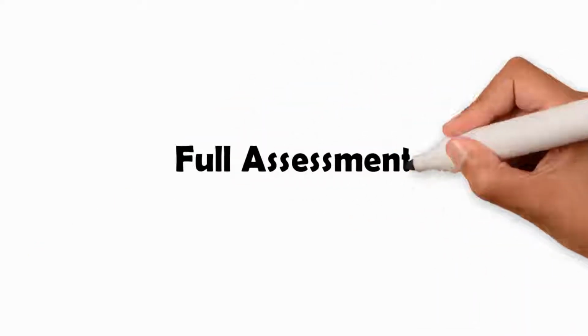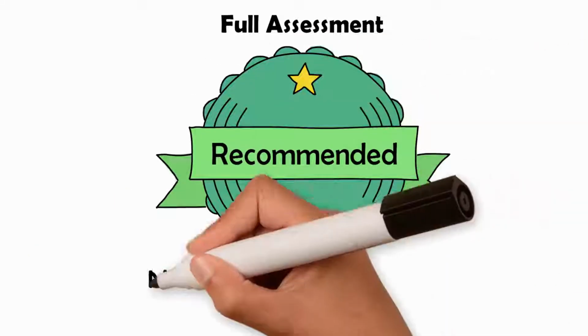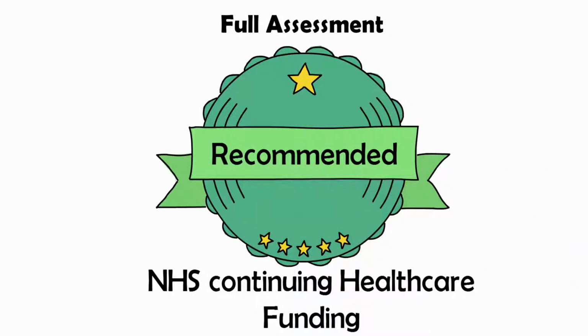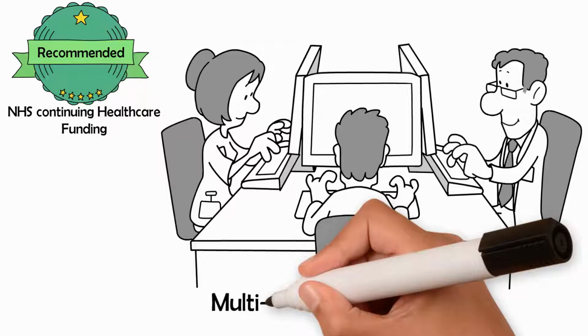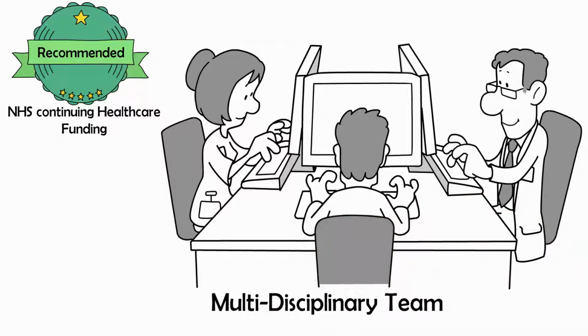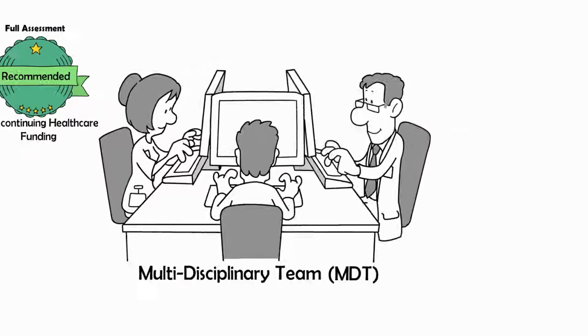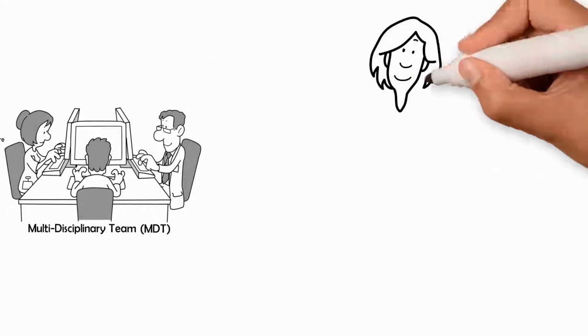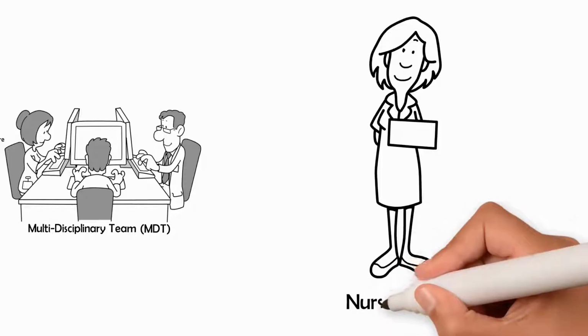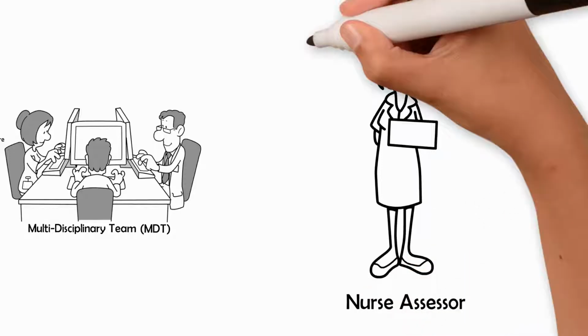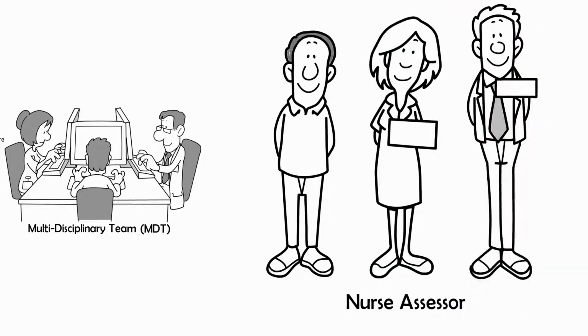The full assessment determines whether you are recommended for NHS continuing healthcare funding. It must be carried out by an appropriately qualified multidisciplinary team, or MDT, using the Decision Support Tool, or DST. The multidisciplinary team is usually led by a continuing healthcare coordinator, often called a nurse assessor, and consists of 2 or more qualified professionals.